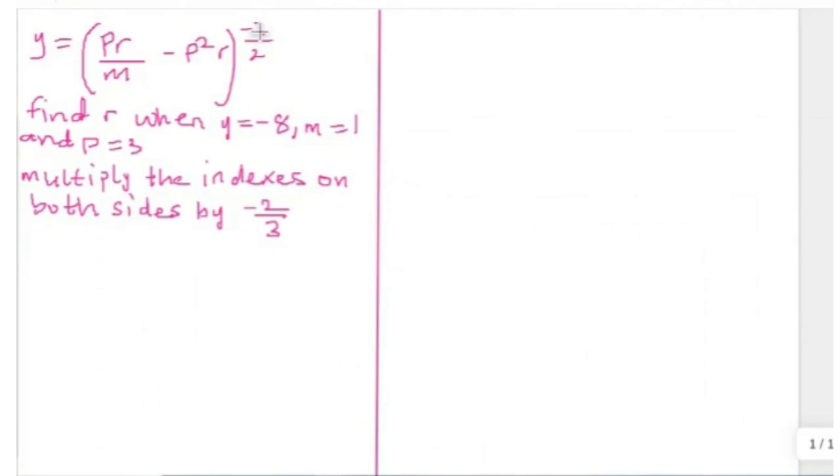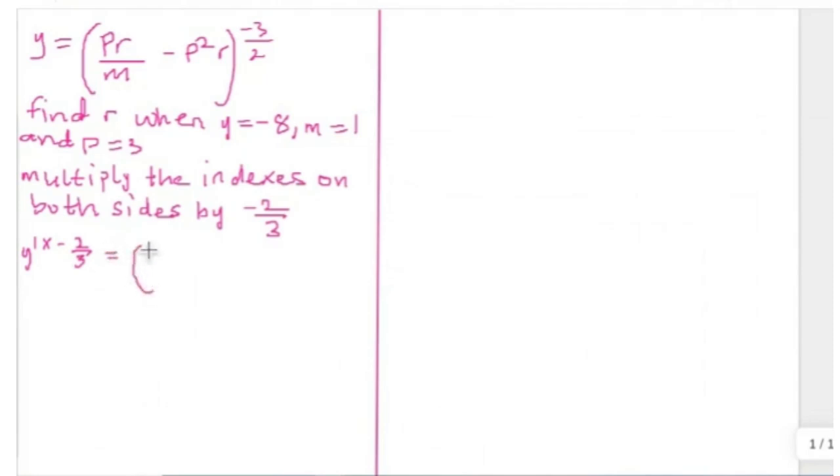Now, we need to recognize that the way to clear this index here is to multiply it by its reciprocal. So multiply the indices on both sides by −2/3. Now the index of y here is 1, so that becomes y raised to the power 1 times −2/3.